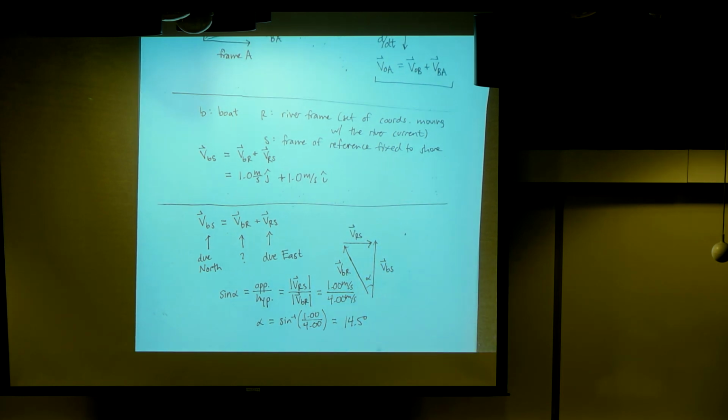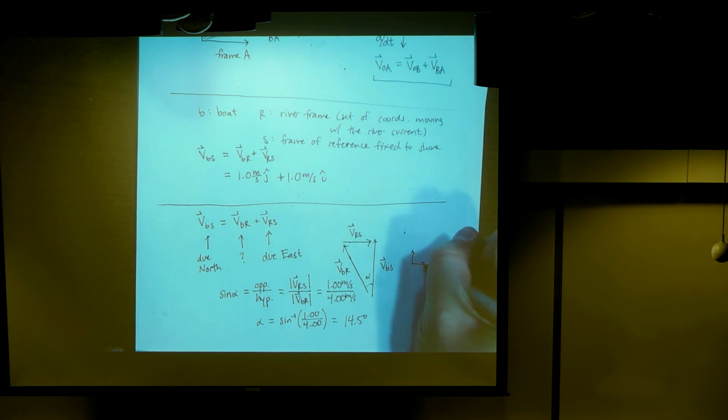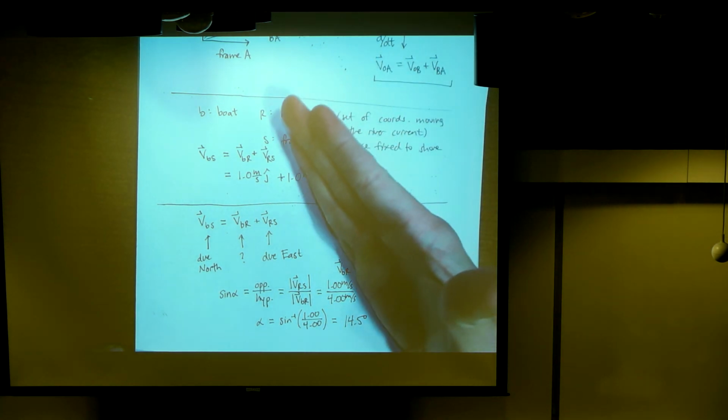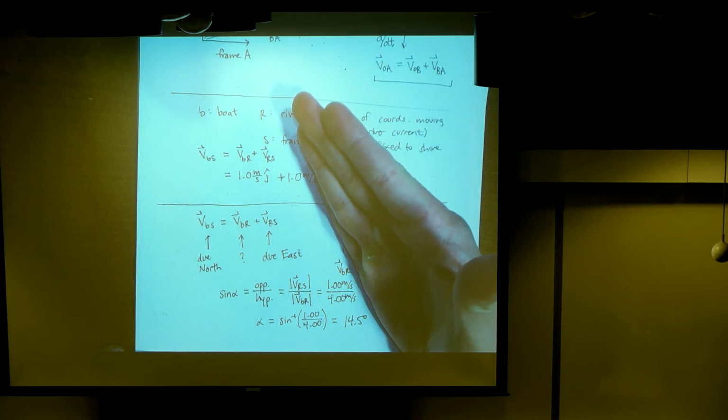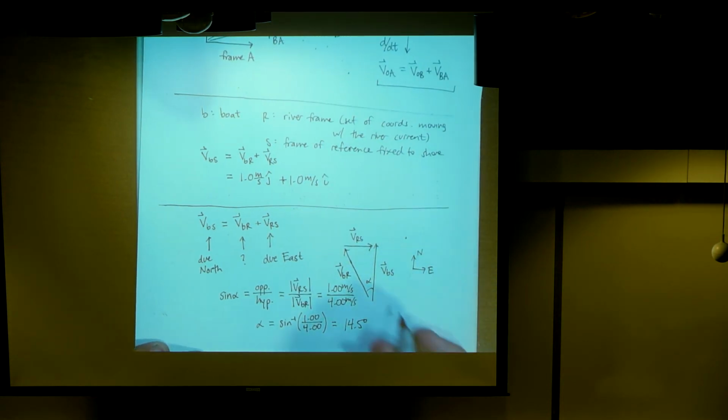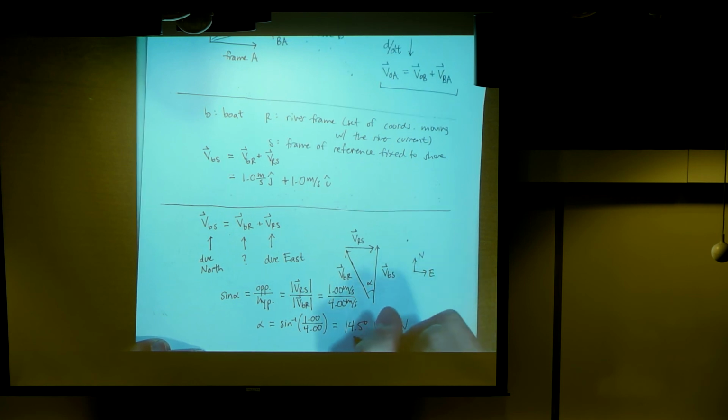And let's be clear, this is not the standard way to measure an angle. So we could call this west of north, because we're starting north like this, and if we go 14.5 degrees west from there, we get to this vector. So I'll write this as 14.5 degrees west of north.